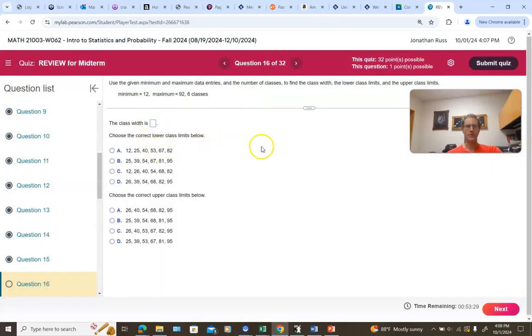And guys, some of these, well, I guess we could do this one. I was going to say if they're repeated, I may not do them for time's sake, but this one's multiple choice. So here, the maximum's 92, the minimum's 12. That's a range of 80.